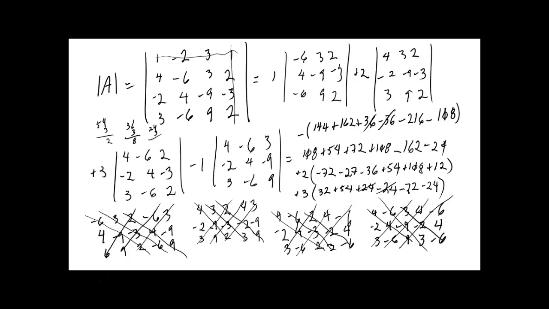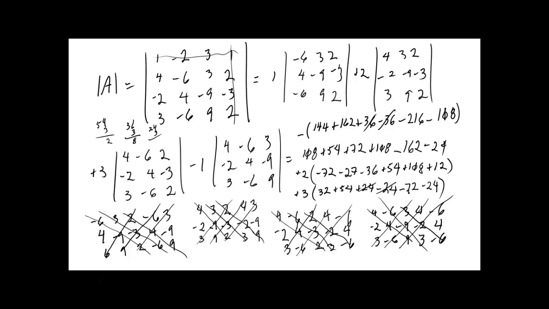plus 2, open parentheses, negative 72 minus 27 minus 36 plus 54 plus 108 plus 12, sorry. Got it? Close parentheses, plus 3 times open parentheses.